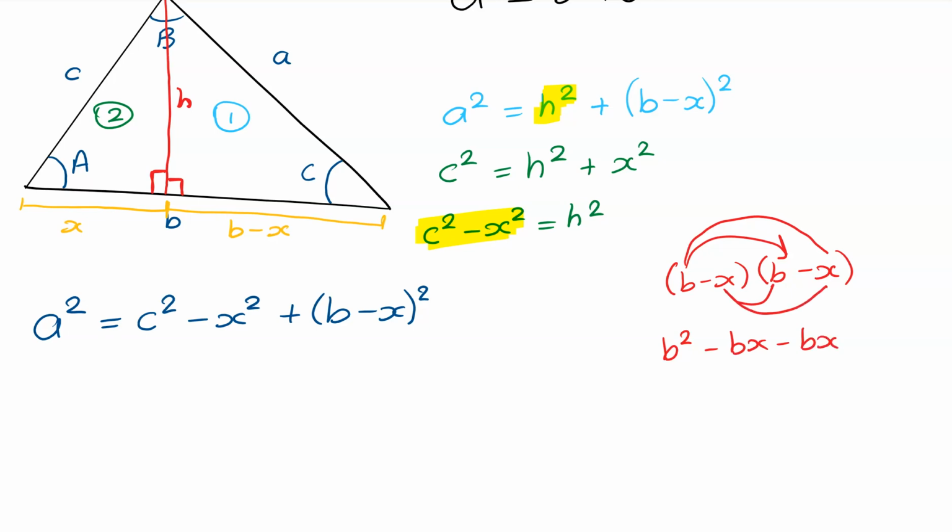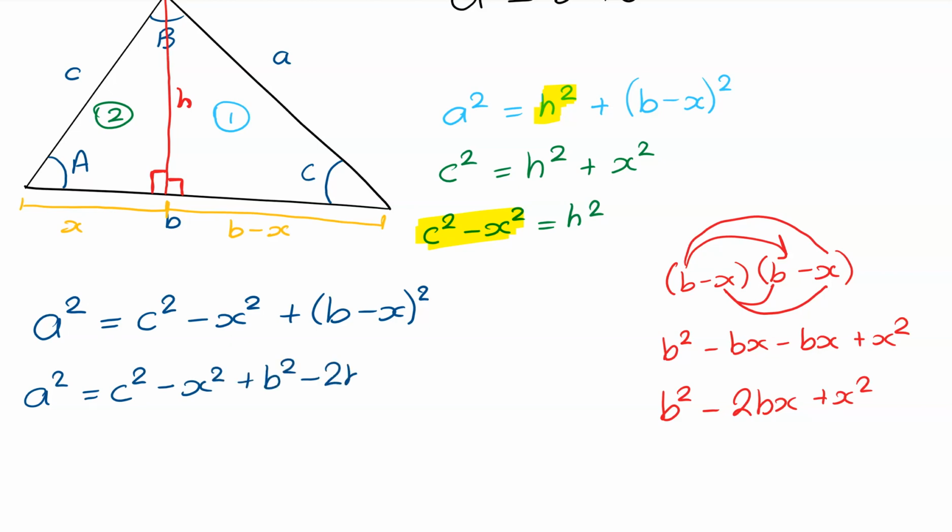And then the last, which is positive x squared. So we get b squared minus 2bx plus x squared. We can replace that with the (b minus x) squared right there. So we get a squared equals c squared minus x squared plus b squared minus 2bx plus x squared.